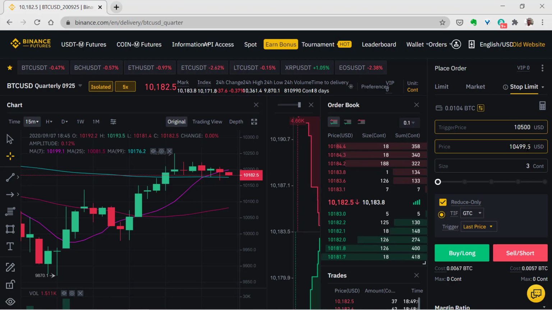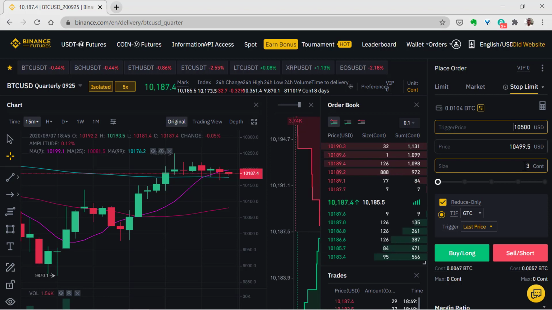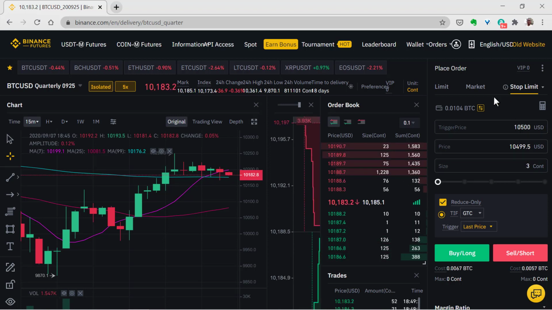So the reason you do that is you want to get a feel on your order. So there should be a little price difference to ensure your order gets completely filled, although that might not be an issue with the number of contracts I'm trading here, which is quite small.